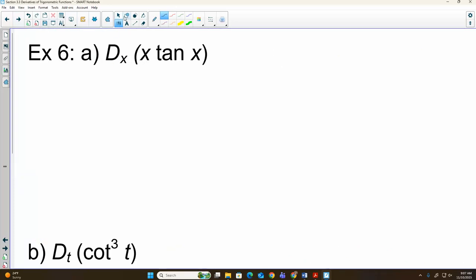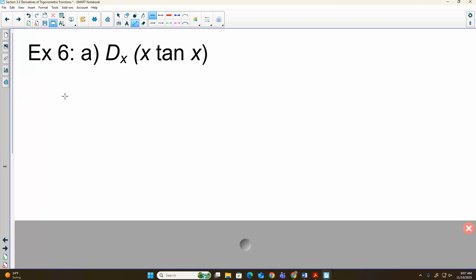If I wanted the derivative of x tangent x, I try to use lots of the different notations for derivatives so we kind of get used to them. This is a product rule because I have x's in both. I have an x and a tangent x. So derivative of the first times the second plus the first derivative of the second.